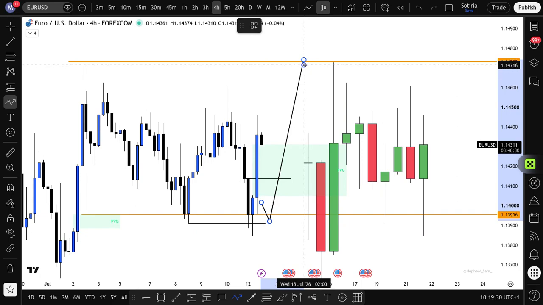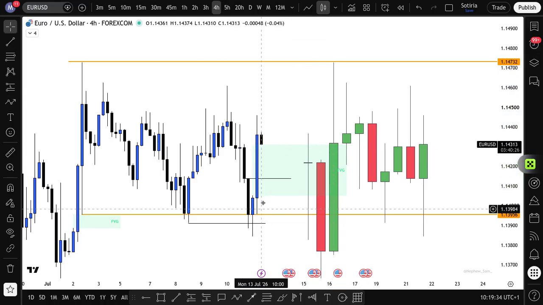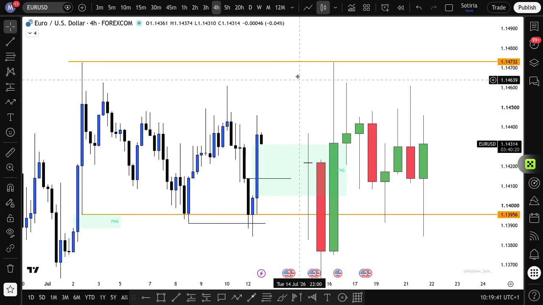So that is what I have for Euro USD right now. A buy from here to the top, or a buy from here to the top.